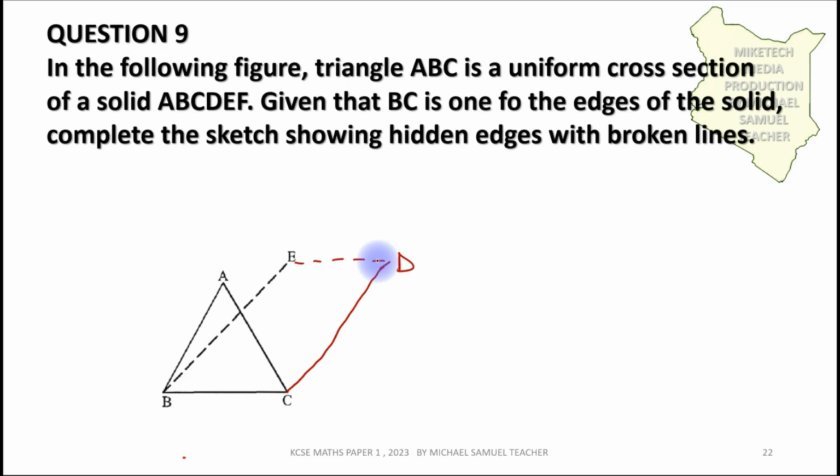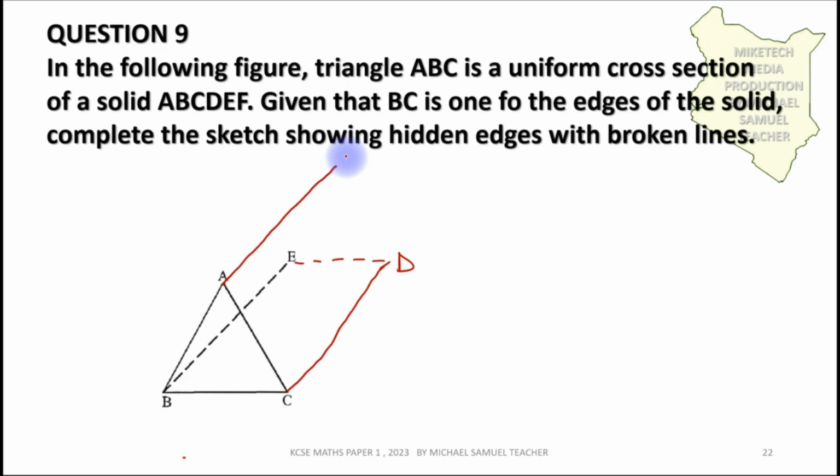The other case is to locate the vertex F, which will be parallel to BE and also DE. So from A, this will be drawn using complete line, like that.